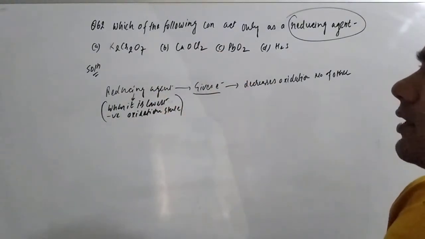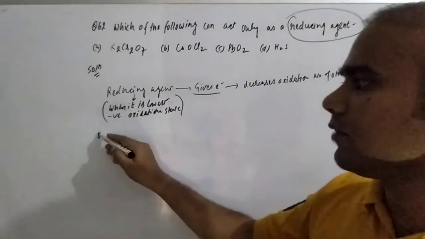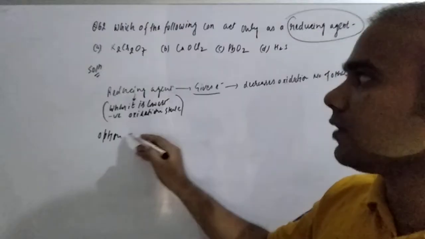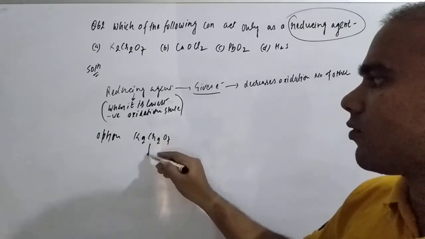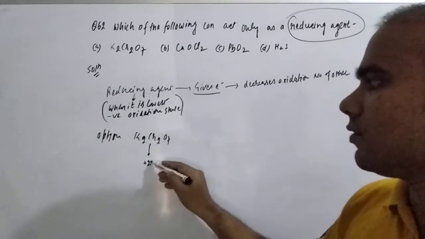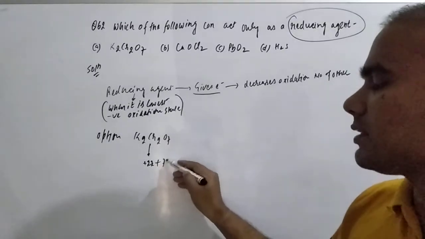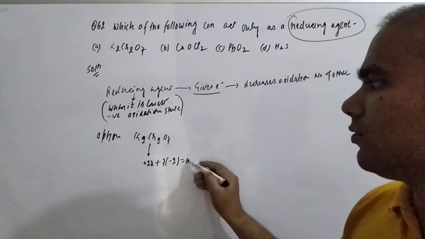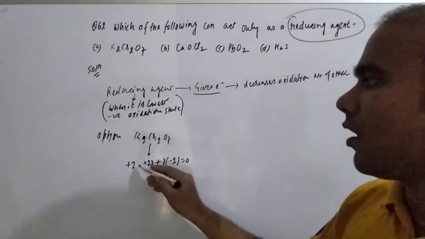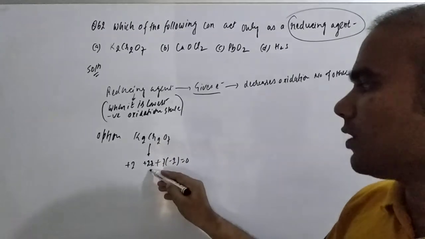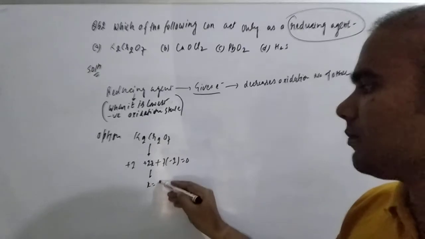Now let us see, student, one by one we are checking option number 1. Here we have K2Cr2O7. So chromium is 2x, oxygen is 7 times minus 2, and 2 potassium gives plus 2, total equal to 0. Solving this, x comes to plus 6.